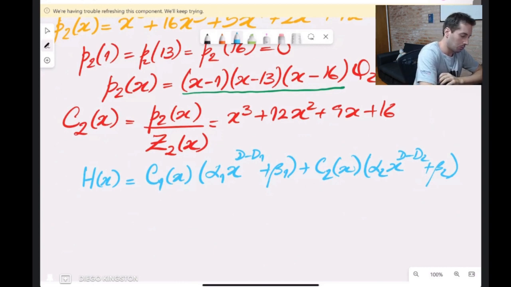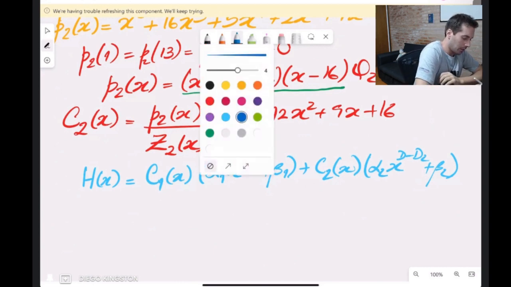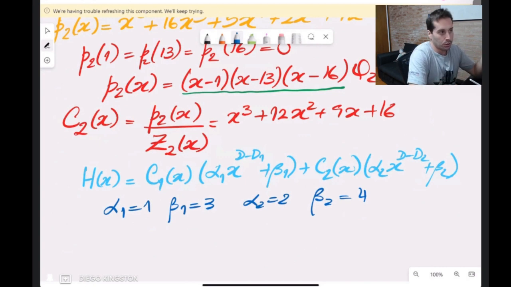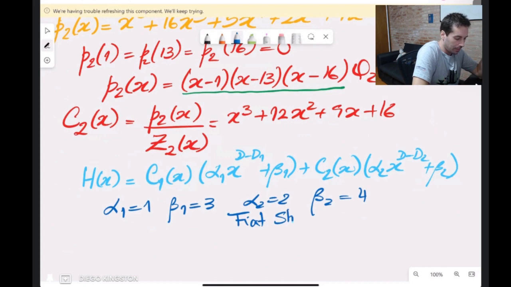So, for this case, we will sample alpha 1 equals 1, beta 1 equals 3, alpha 2 equals 2, and beta 2 equals 4. These values are generated by the verifier, but when we turn this protocol non-interactive, these are obtained via the Fiat-Shamir transformation.